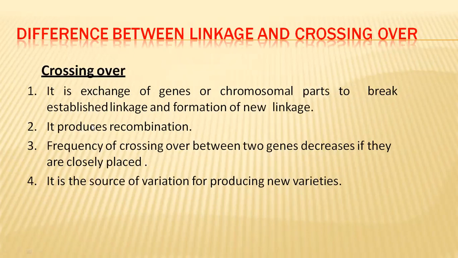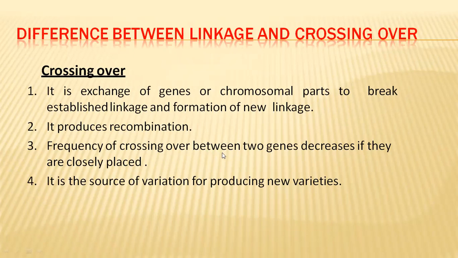And crossing over is the exchange of genes or chromosome parts during meiosis. Due to this crossing over, recombinations will be produced. And these recombinations will bring new types of characters in the offspring, and they will help in the evolutionary process a lot.